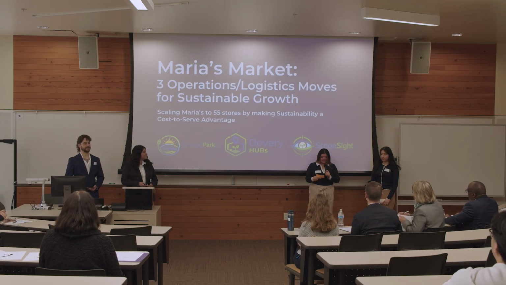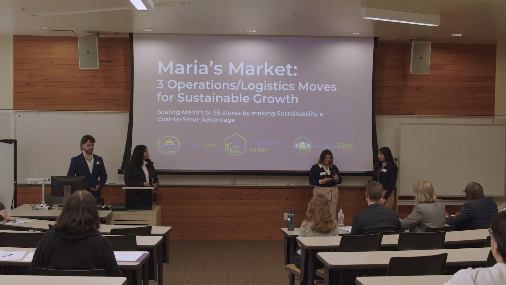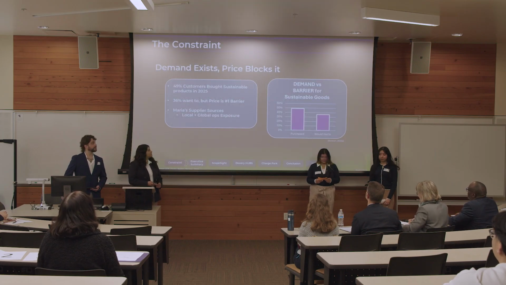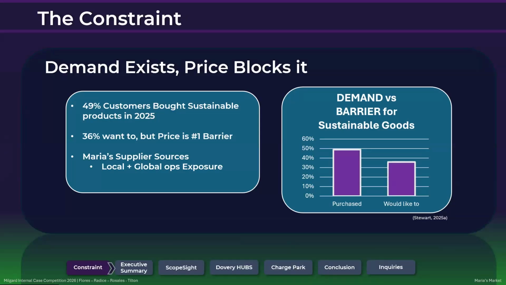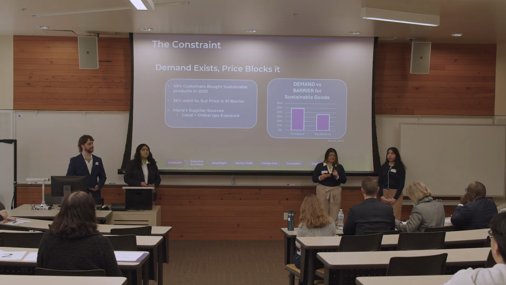To do this, we must start with the main constraint we can't overlook. This slide explains our strategy: customers want sustainability but won't consistently pay more for it. In 2025, 49% of customers bought sustainable products and 36% wanted to, but price was the number one barrier.